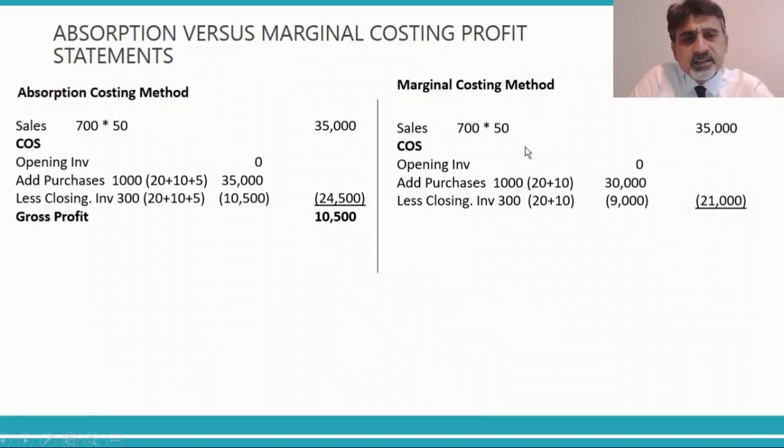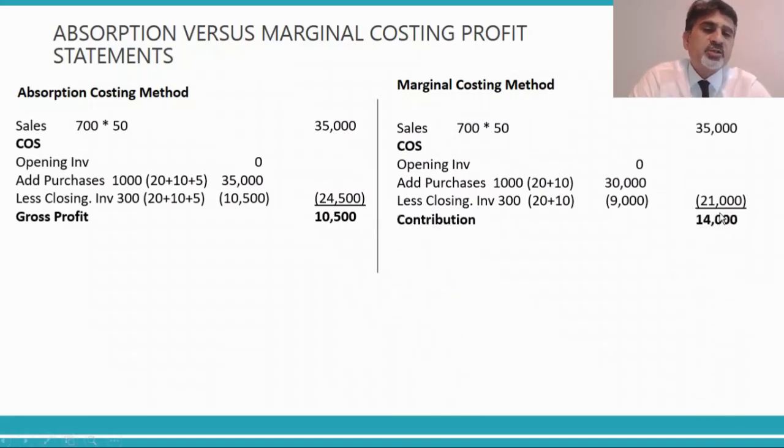It means that the revenue from the sale of 700 units is 35,000 and the marginal cost of producing 700 units is 21,000. You can consider it 700 multiplied by 30. Remember, the cost of making one table is 30. So 700 multiplied by 30 is 21,000.